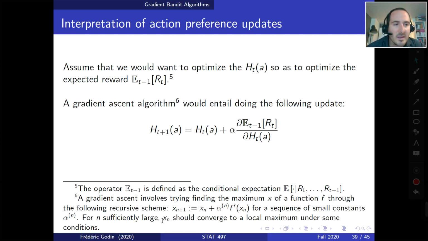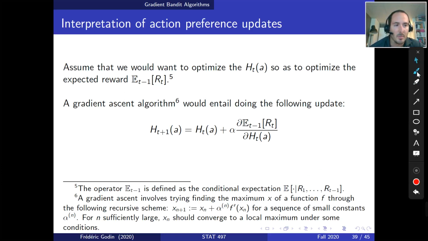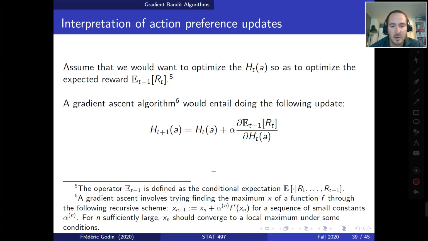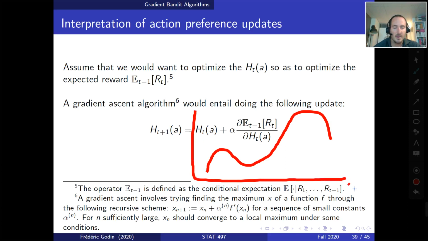One quick detail about gradient ascent is that these methods can converge to what we call a local maximum instead of a global maximum. I'll just draw a little picture. Let's say you have a function which looks like this, and you want to find the maximum of this function. This is x and this is f of x. Here we do a one-dimensional example, but the same can happen in a multi-dimensional setting.